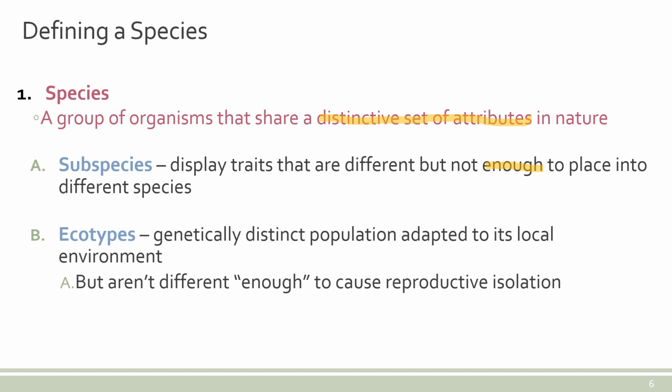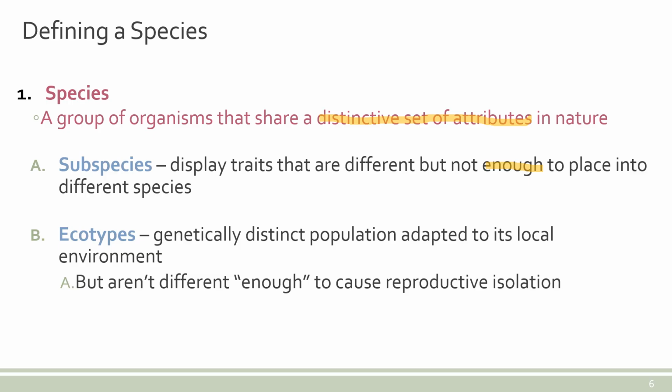For example, killer whales are divided into several subspecies, and they are not quite different enough to call them their own species, but they do have different characteristics. Then we might also see ecotypes.